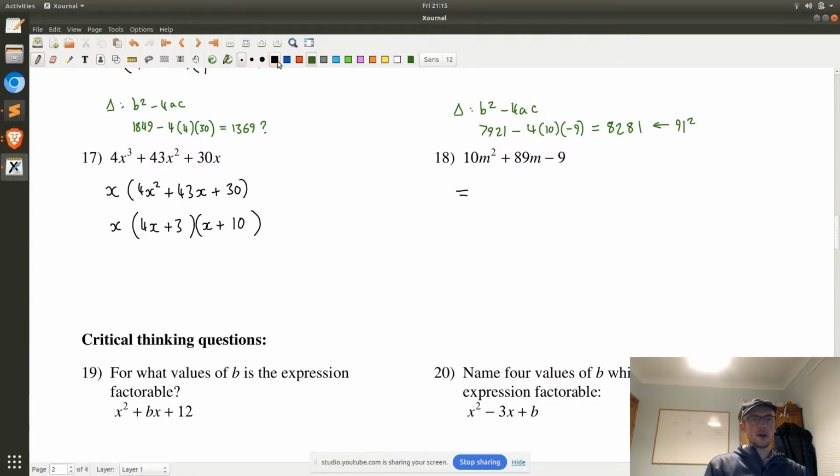So this has a factorization. So let's find it. Now, if I add 9 and take 1, it seems to work.